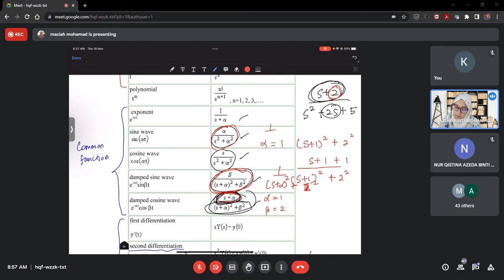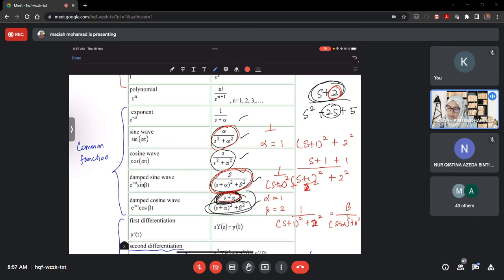Our function is 1 over s plus 1 square plus beta is 2 square. So that is similar to beta over s plus alpha square plus beta square.